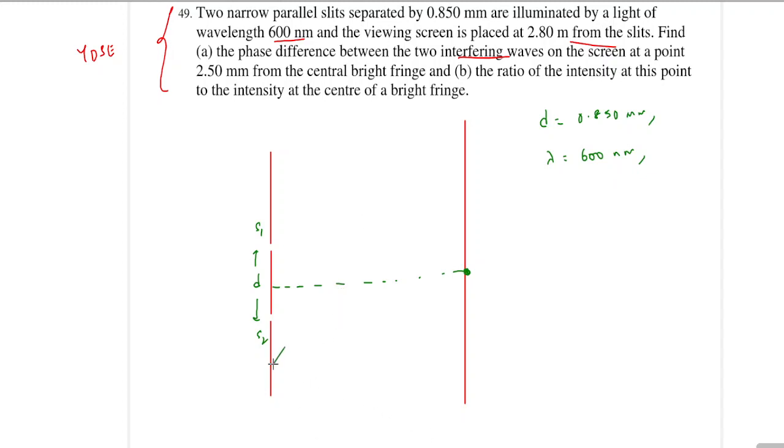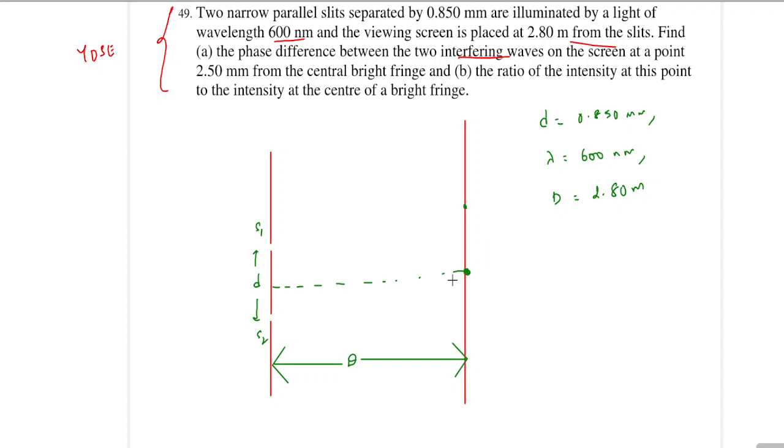So the distance between this and this is called capital D, and this distance is given as 2.80 meter. The first point is to find the phase difference between the two interfering waves on the screen at a point which is 2.50 millimeter from the central bright fringe. So somewhere here we take a point.